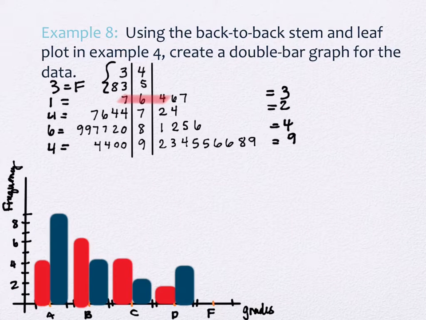And then there were 3 F's on the first exam and no F's on the second exam. So I'll end with the 3 F's on the first exam, and then I'm done with the bars anyway.